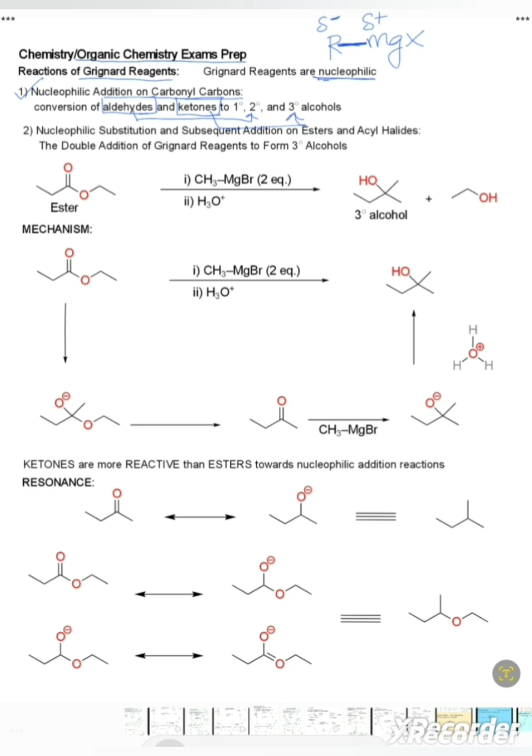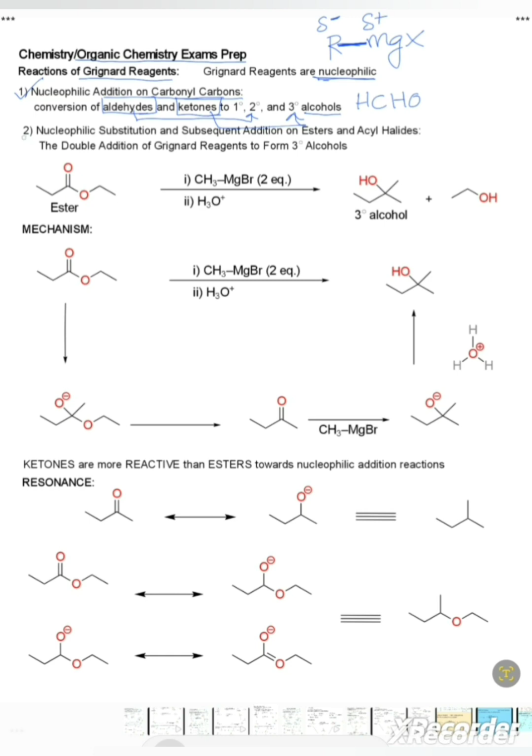The primary alcohol is obtained only when a Grignard reagent is reacted with formaldehyde. Other than that, all aldehydes would convert to the secondary alcohols, and all ketones would convert to the tertiary alcohols when reacting with the Grignard reagents.